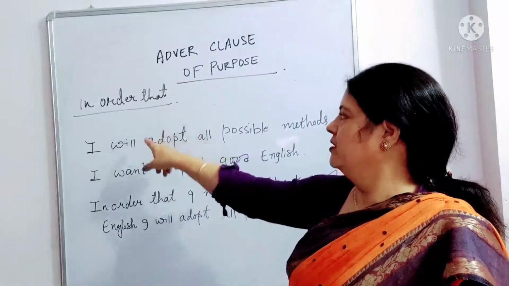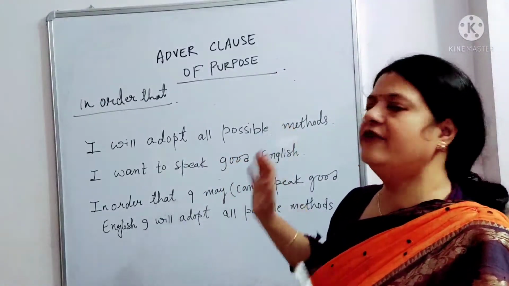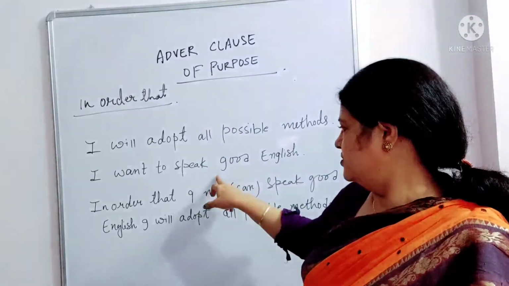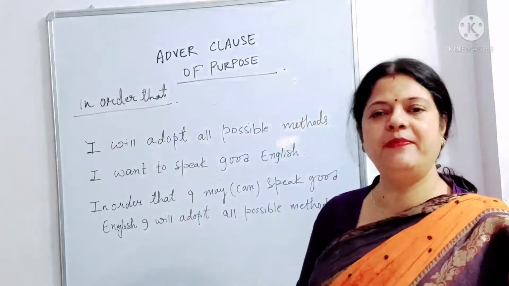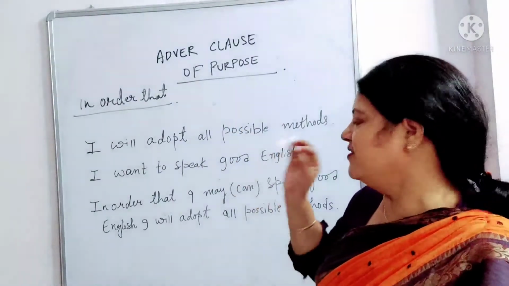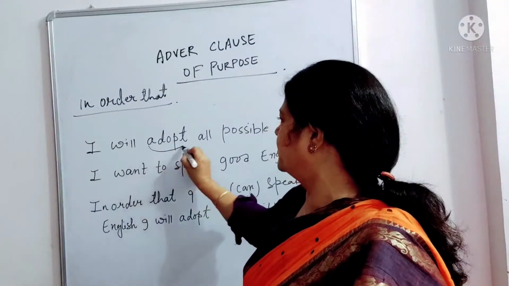We put this conjunction in front of it to make it an adverb clause of purpose. Since it will become a subordinate clause, the first sentence will be the principal clause, and in the first sentence we have the verb adopt.